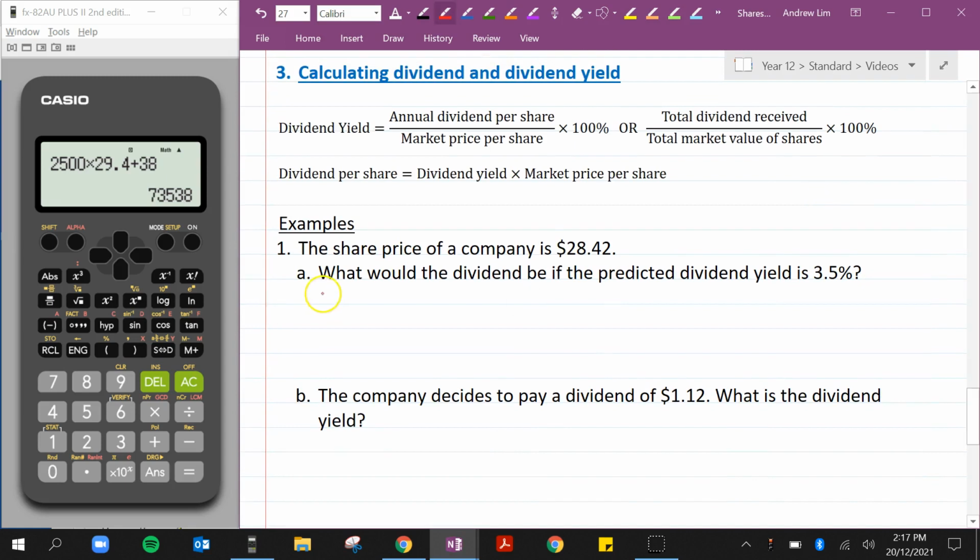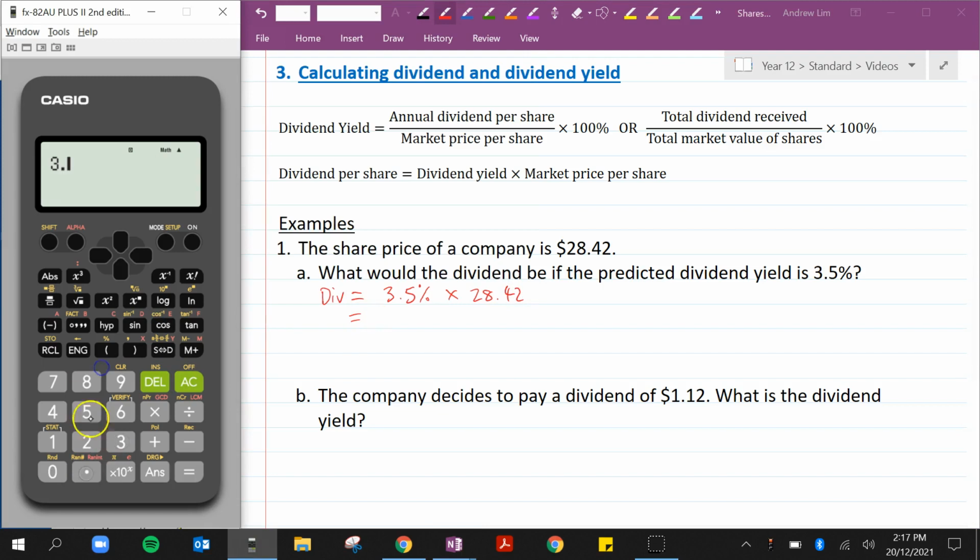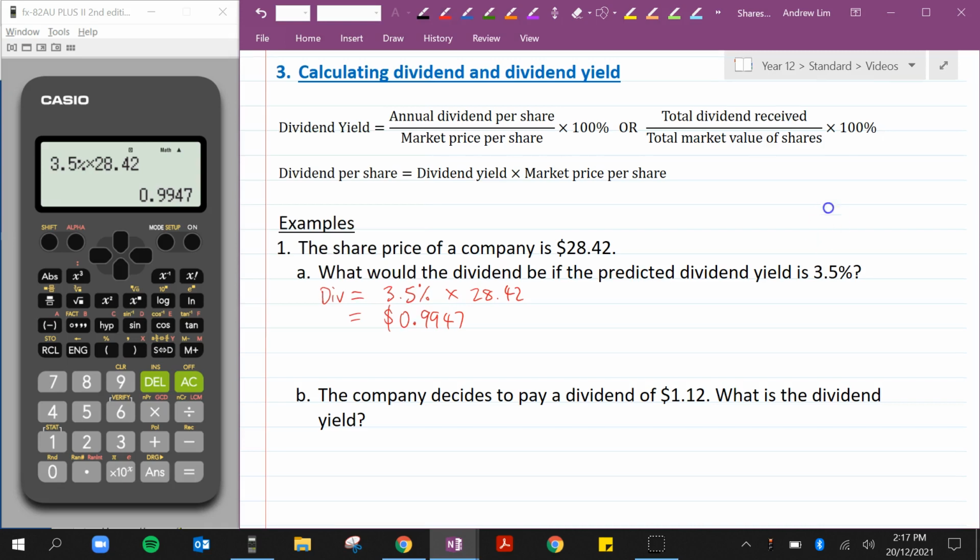So the dividend is the dividend yield, 3.5%, times the share price, $28.42. Which is 0.9947, or 99.47 cents. And that's per share. So the more shares you have, the more dividends you'll receive. So if you had 100 shares, you'll have $99.47 in dividends.